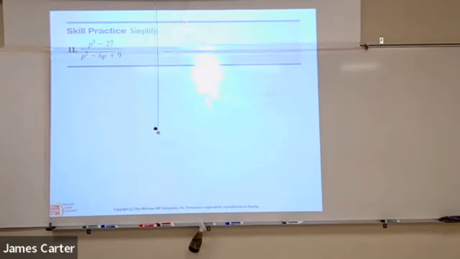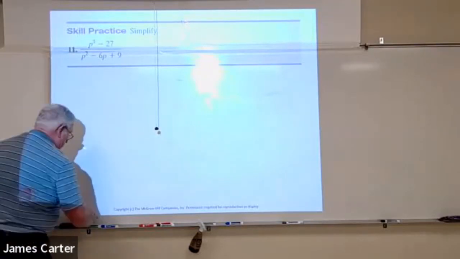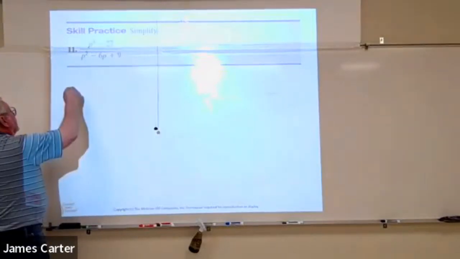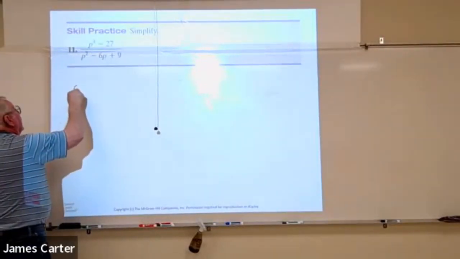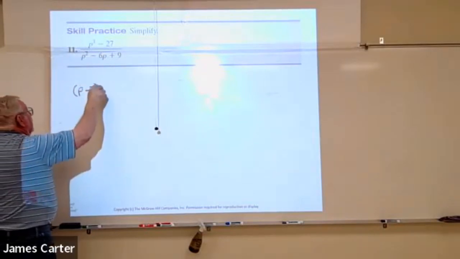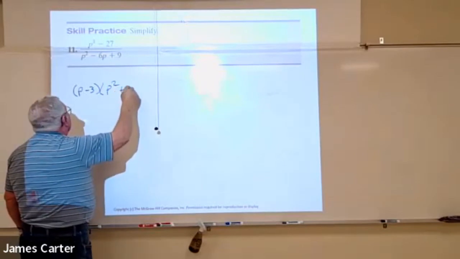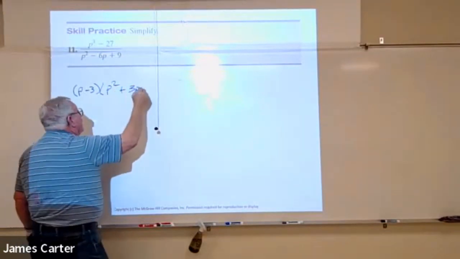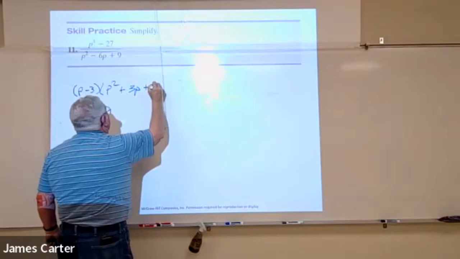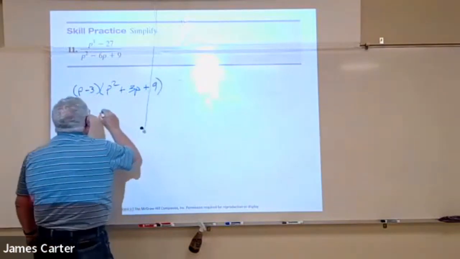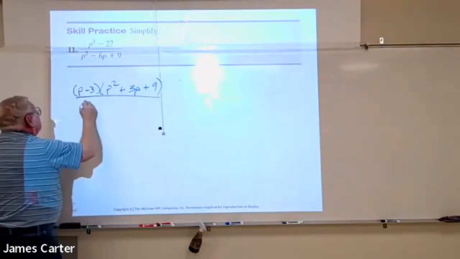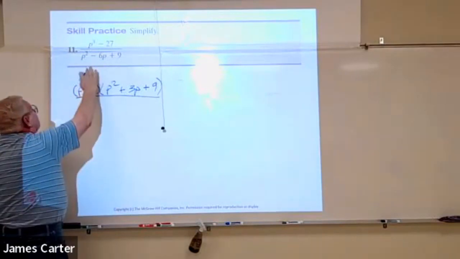Okay, what about this one? We've got another perfect cube. 27 is 3 to the third. So this problem's almost like the last one. So I've got p minus 3, p squared plus 3p plus 9 over p squared. Oh, I can factor that.